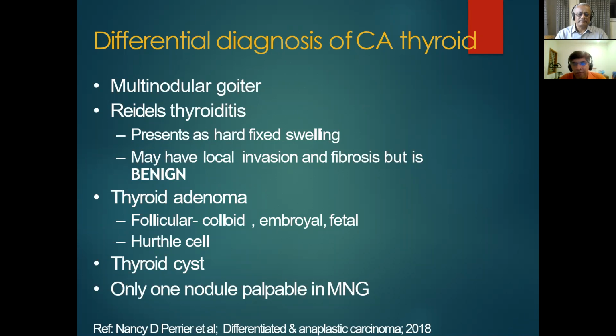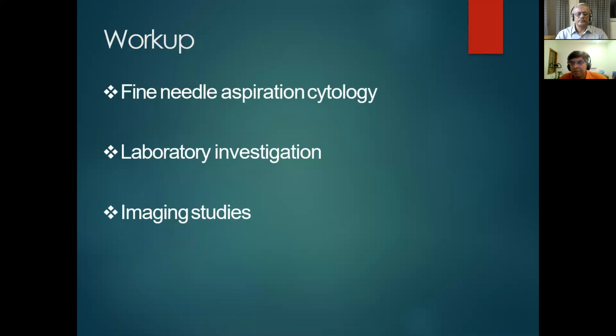Yes, sir. So first we'll be doing the ultrasound neck. Actually, in order, the first investigation is to confirm the diagnosis with ultrasound. Then we'll be doing ultrasound guided FNAC, and laboratory investigation comes next.